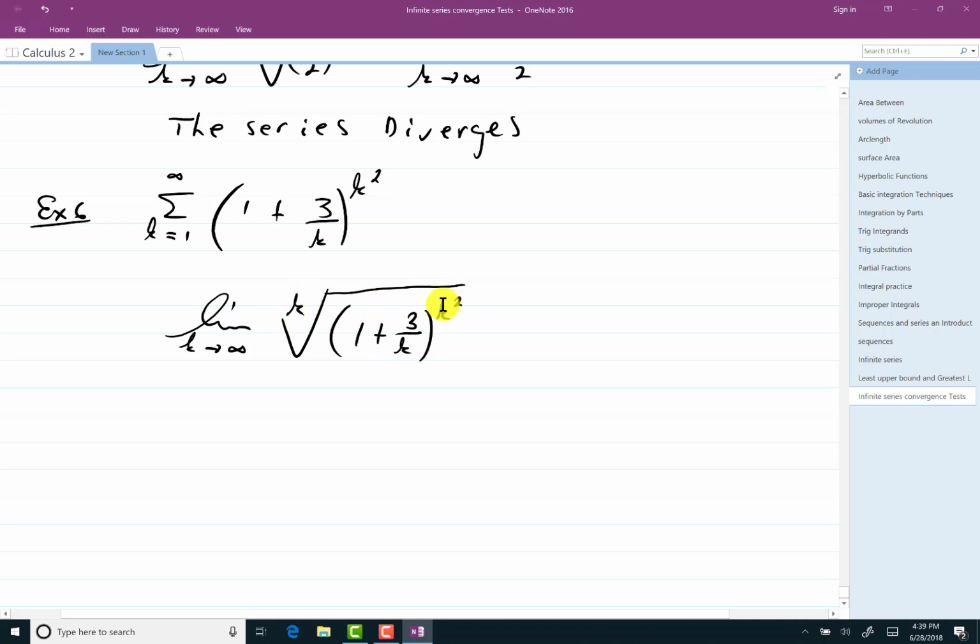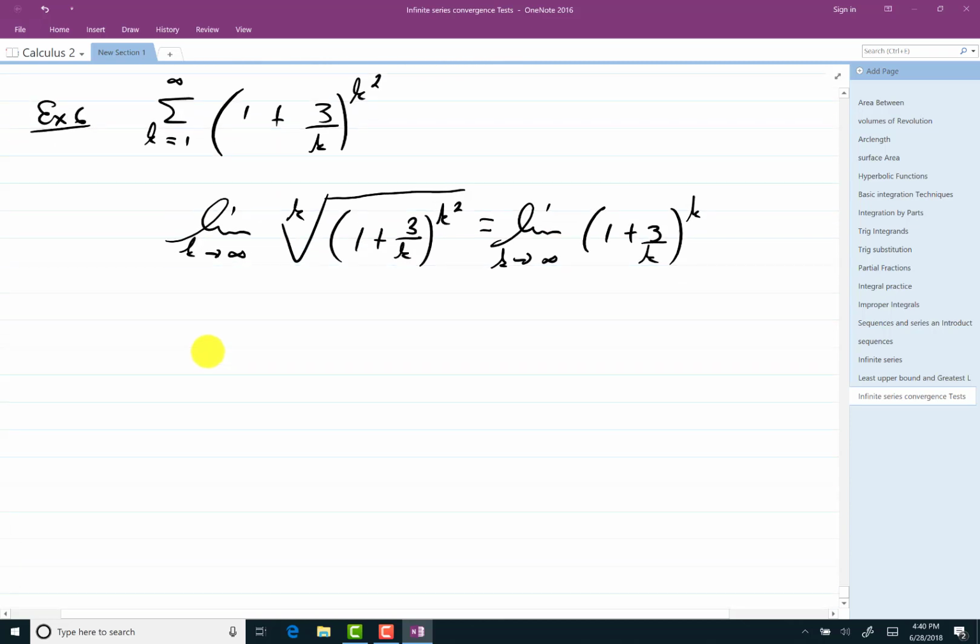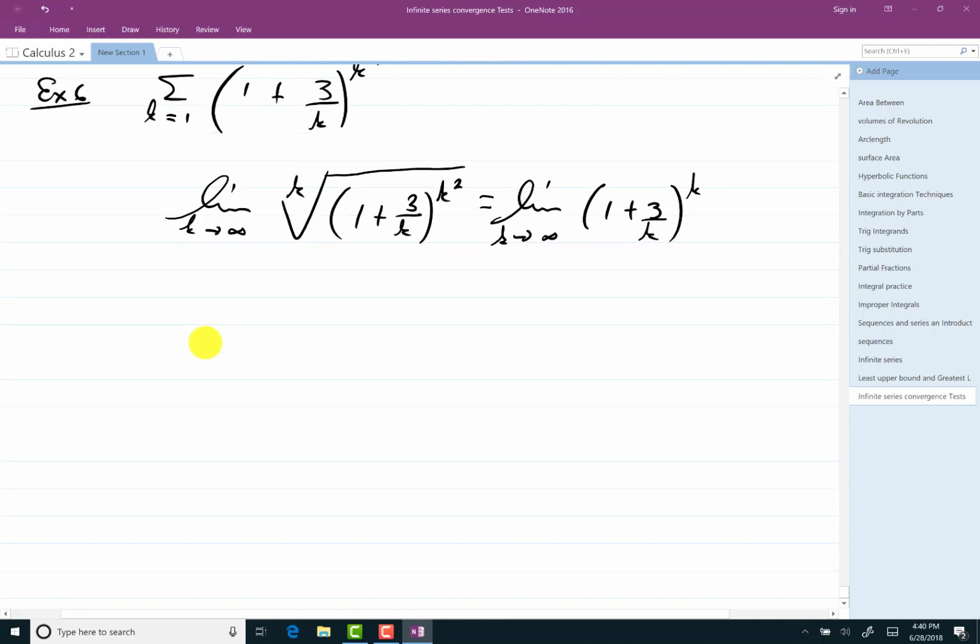So when I take k squared times 1 over k, I'm going to equal the limit as k goes to infinity of 1 plus 3 over k to the kth power. You can go ahead and use L'Hopital for this or whatever it is you want to use, but I happen to know that that converges to e cubed, which is greater than 1. So the series diverges.